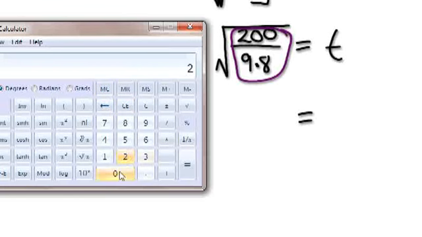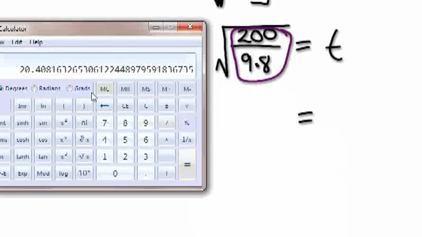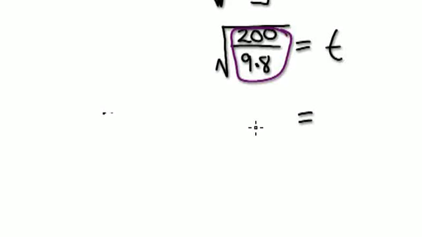Let's work out this bubble first. 200 divided by 9.8 equals roughly 20.4, let's say. So the bubble there equals 20.4.